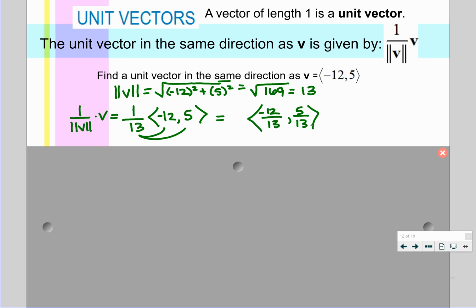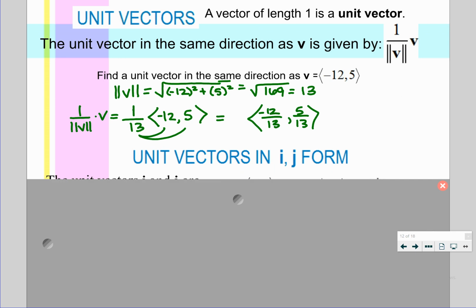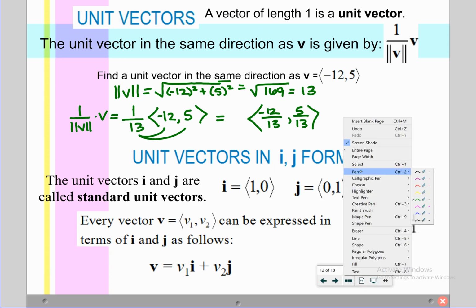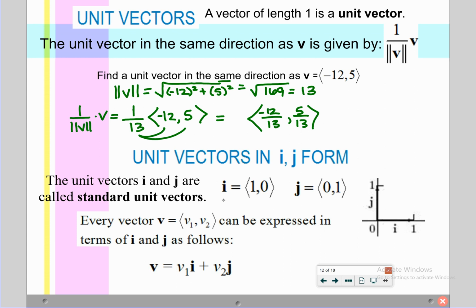All right, there are 2 special unit vectors. They are called i and j. i is the unit vector 1, 0, and j is the unit vector 0, 1. So pretty much i is the unit vector that goes 1 unit to the right, and j is the unit vector that just goes 1 unit up.